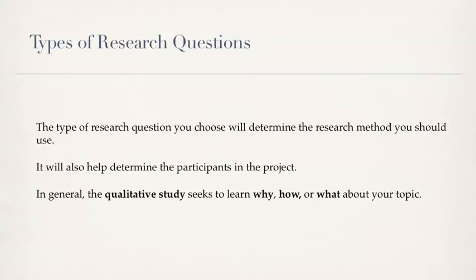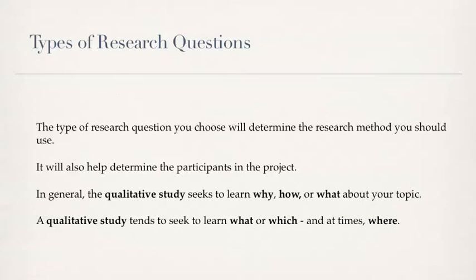Generally speaking, a qualitative research study seeks to learn why, how, or what about your topic. Therefore, the research question must be directed at determining the what, the how, or the why of your capstone project. And simply speaking, a quantitative study seeks to learn what or which, and at times where.